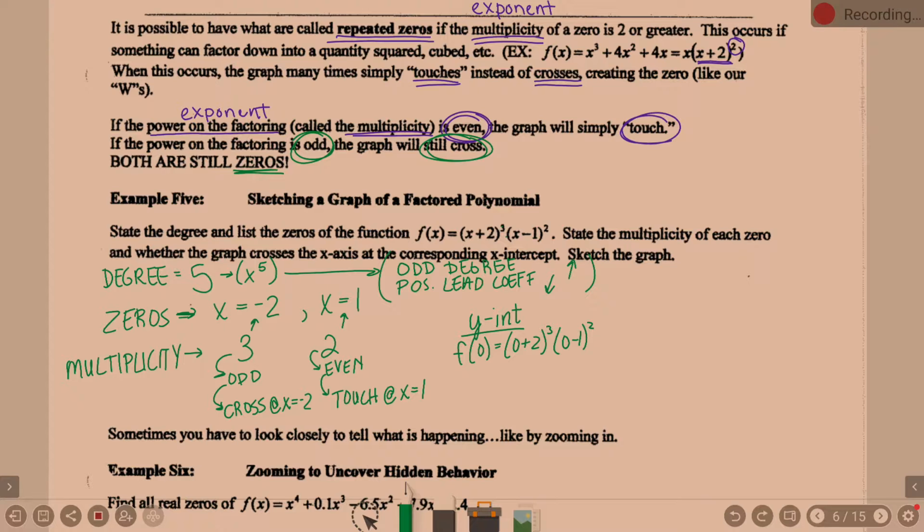Do the math. 0 plus 2 is 2. 2 to the 3rd is 8. 0 minus 1 is -1. What's -1 to the 2nd? +1, and 8 times 1 is 8. So we have a y-intercept of 8.